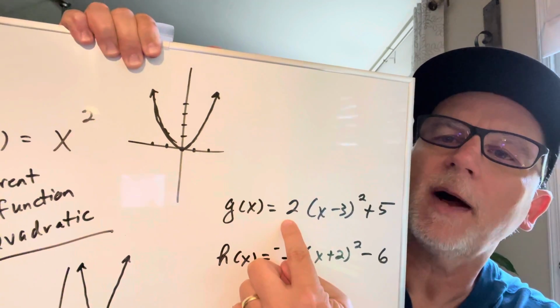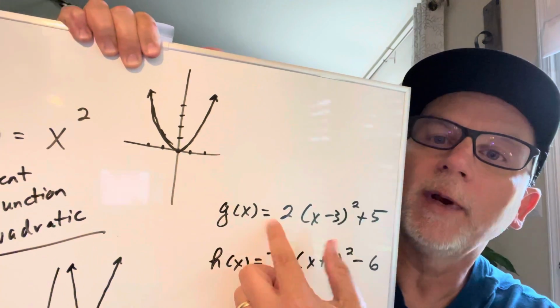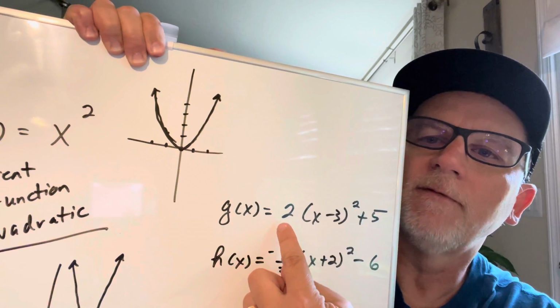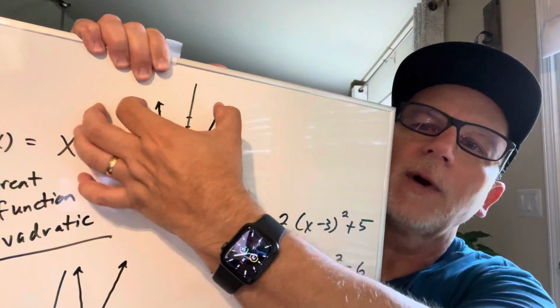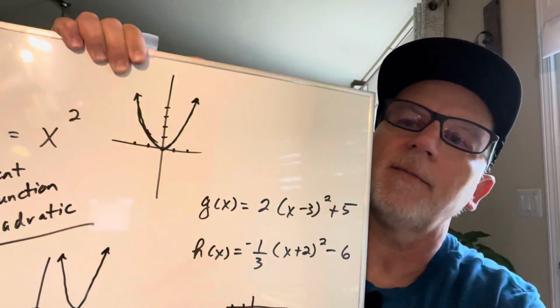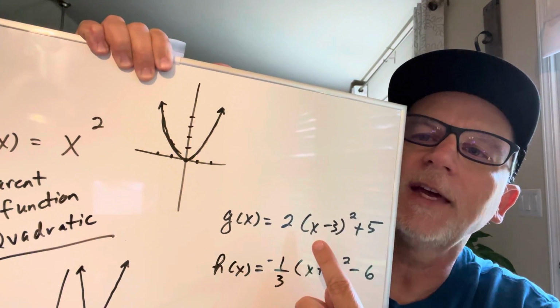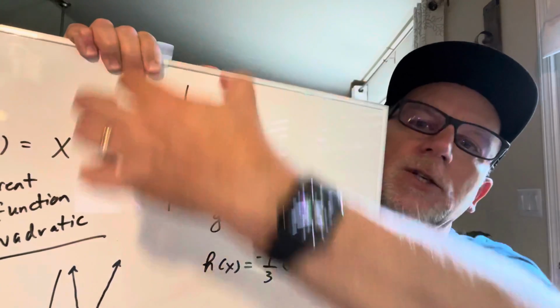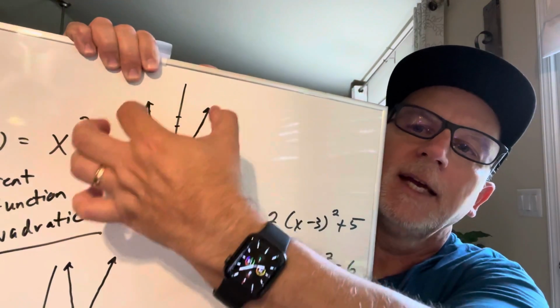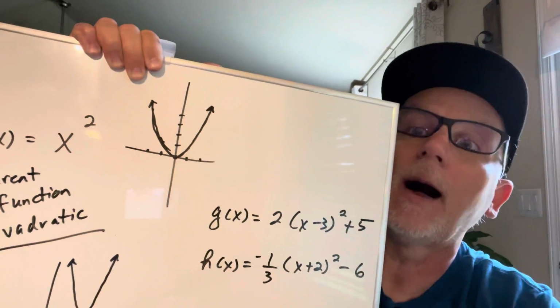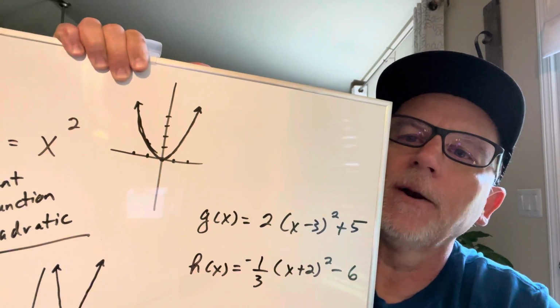Because this number is positive, the graph is opening upward rather than downward. So this is going to be a vertical stretch of 2. It's like if you grabbed this and stretched it up vertically. So the graph of this is going to be thinner because you vertically stretched it up. If this was elastic and you grabbed it here and you stretched it vertically up, it would get thinner.